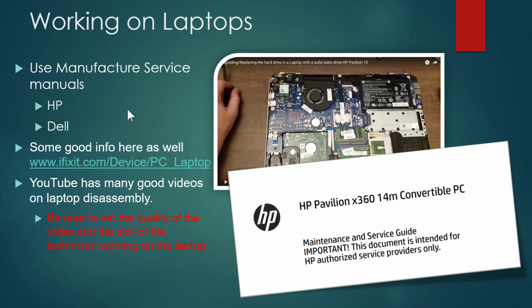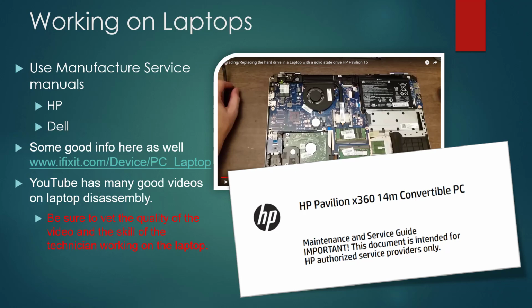All right, so I want to finish up this PowerPoint, this lecture, by talking about general steps for working on laptops that I want to emphasize. Use manufacturer service manuals. HP and Dell have very good service manuals that you can download off their website. Download them when you buy the laptop.